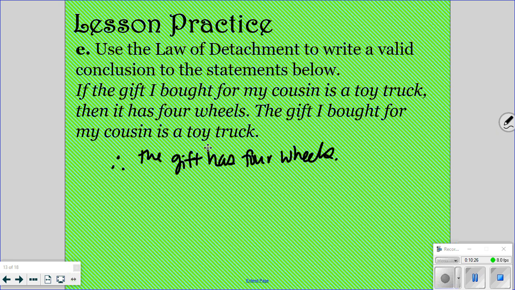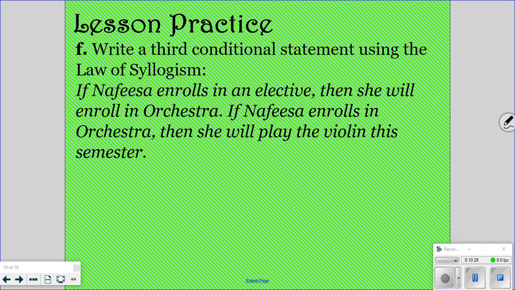Okay? We're going to look at another one. Write a third conditional statement using the law of syllogism. If Nafisa enrolls in an elective, then she will enroll in orchestra. If Nafisa enrolls in orchestra, then she will play the violin this semester. So y'all pause the video to write your answer. Okay?